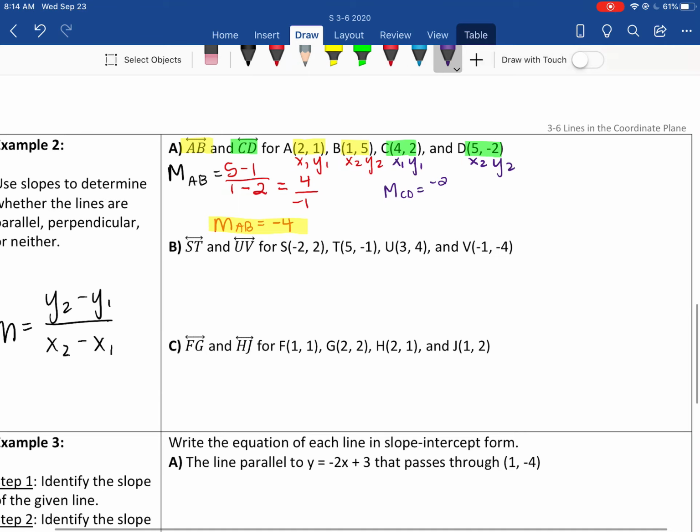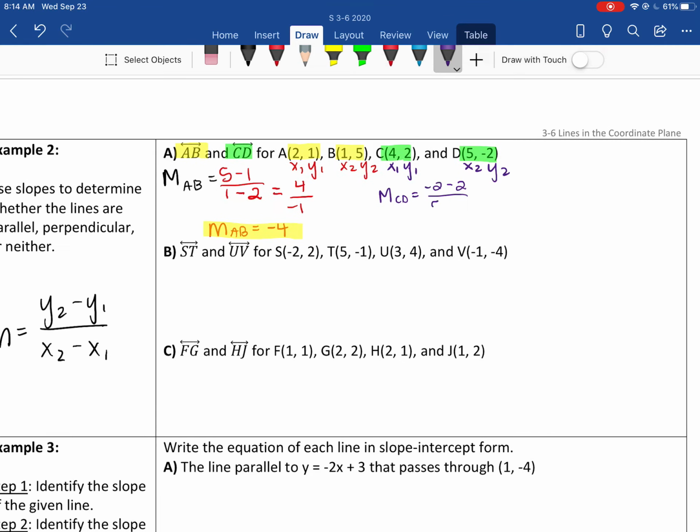So to find my slope of CD, we do y2 minus y1, so that's negative 2 minus 2, over x2 minus x1, which is 5 minus 4. So negative 2 minus 2 is a negative 4, over 5 minus 4 is a positive 1. So when you simplify that, your slope of line CD is negative 4.